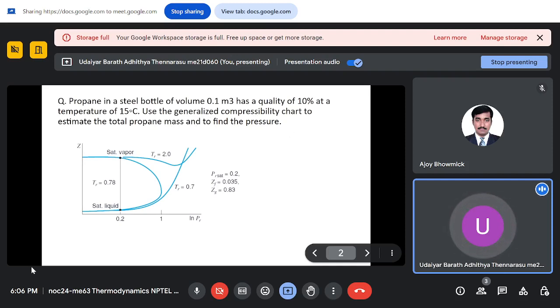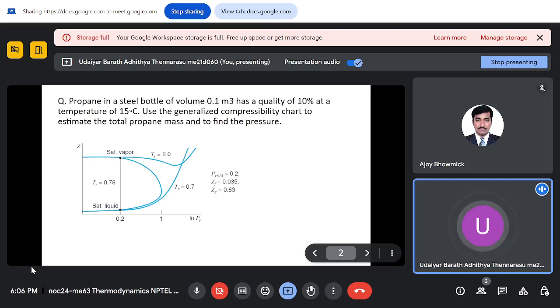This generalized compressibility chart came about because real fluids are mostly ideal only at low pressures and very high temperatures, where there is very little interaction between the molecules.